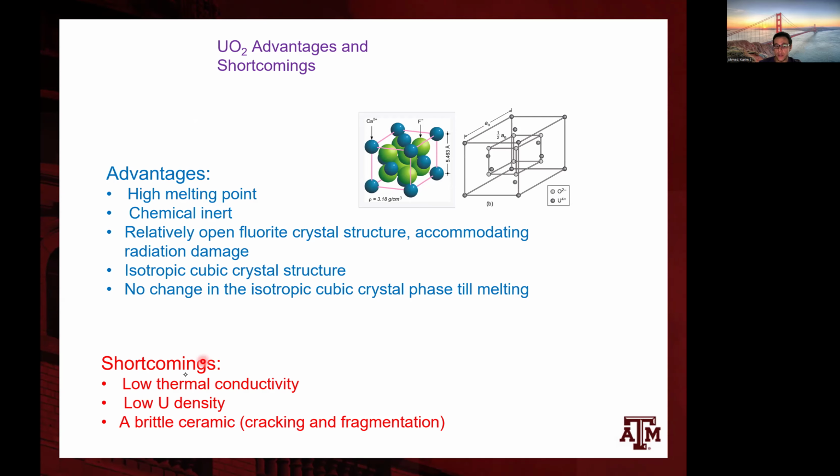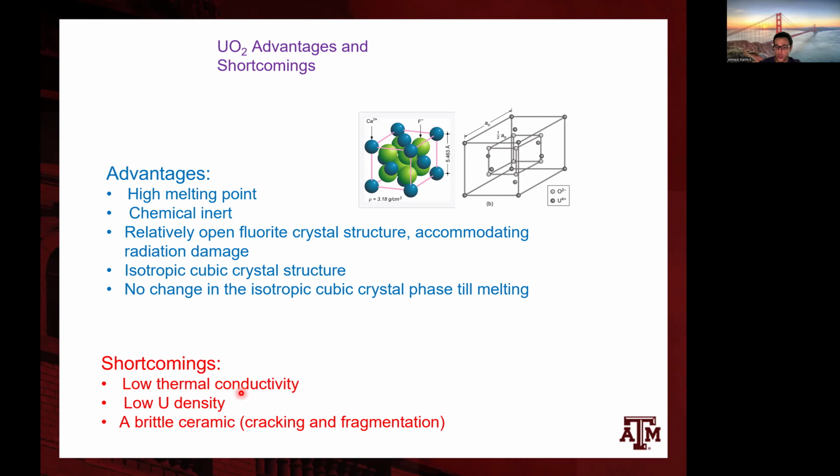However, because it is a ceramic material, it has a few shortcomings. And that's actually one of the main reasons driving the research now, to either improve UO2 by doping it with other materials to increase its thermal conductivity, or to utilize different types of fuel.